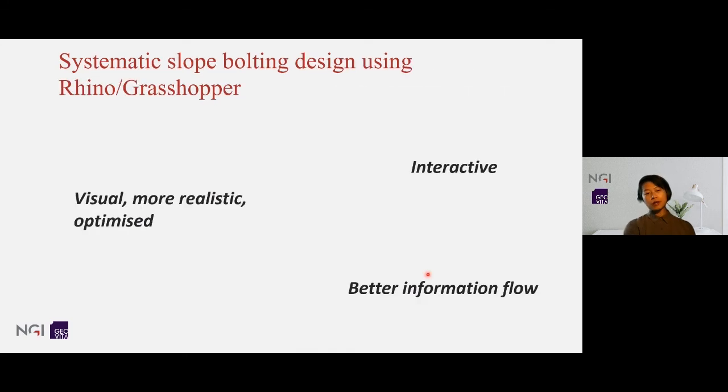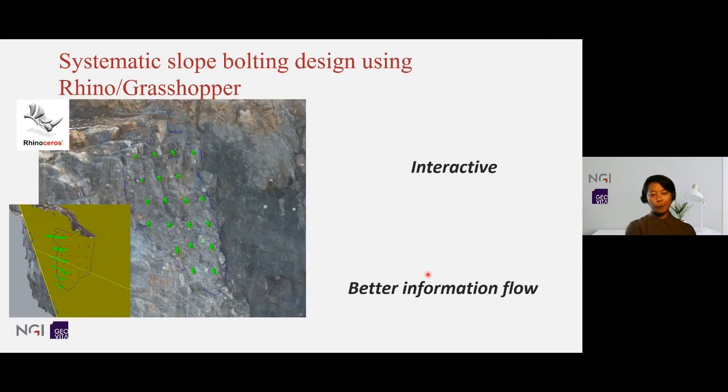By using a parametric model design and CAD software like Rhino, you can have a more visual and more realistic model with which you can optimize your design, where you can see your design immediately and adjust it in an interactive way.